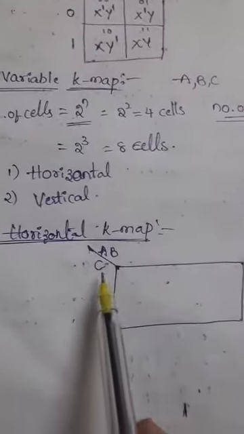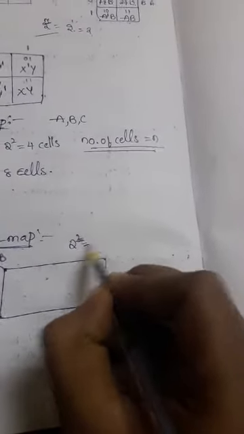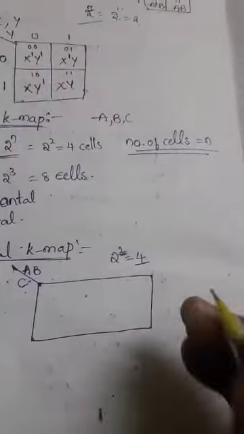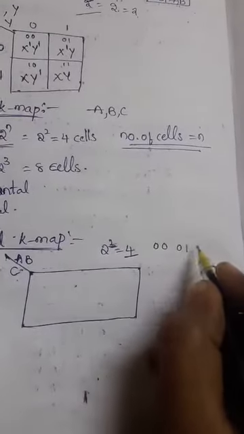Two variables means how many possibilities are we getting? That is 2 squared. Two variables, so totally we are getting four possibilities. What are the four possibilities? We can consider them as 0 0, 0 1, 1 0, 1 1.